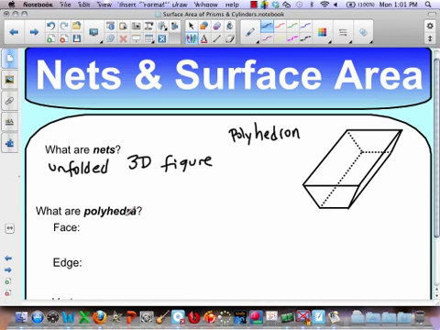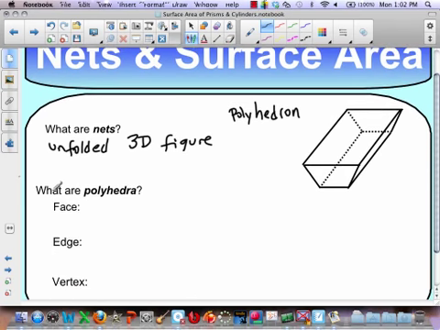When we talk about polyhedra, there are three things I want you guys to be aware of. There's a thing called a face, an edge, and a vertex. The flat panels, the planes, can you remember that from the first term? Okay, the planes are your faces.